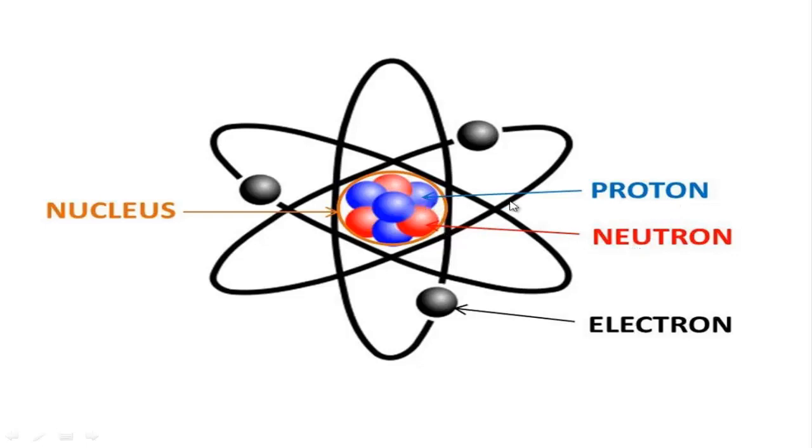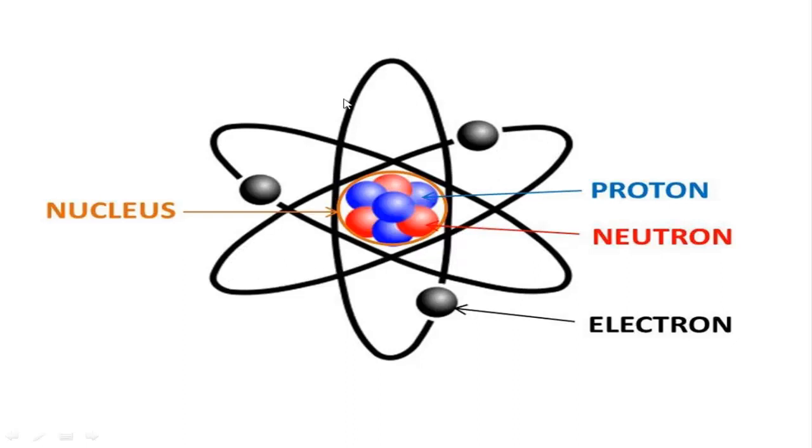These blue balls indicate protons and red balls indicate neutrons. And these black balls, present around the nucleus, outside of the nucleus, indicate electrons. So we can say protons and neutrons are present in the nucleus, that is the center of the atom, and electrons are moving around the nucleus in different paths.